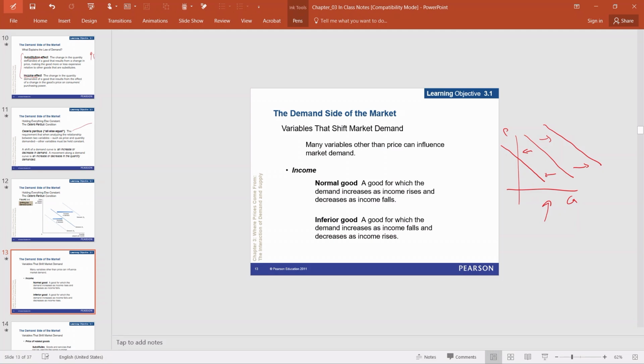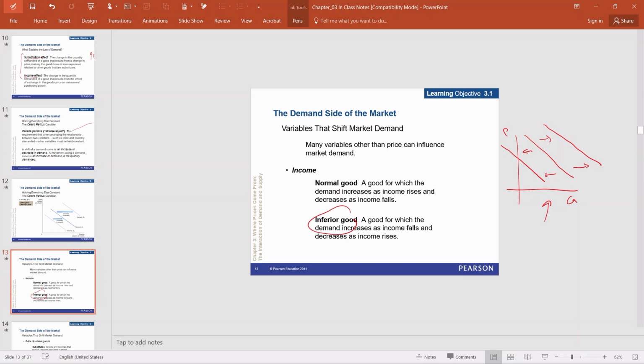But there are other products called inferior products, where consumers, when they have higher income, leave the product and go to a better quality product. So this means if their income increases, the demand for the lower quality product will decrease.